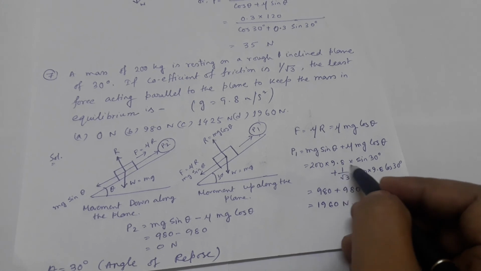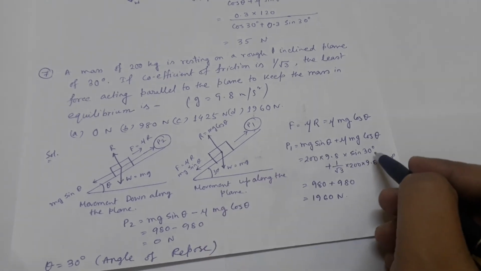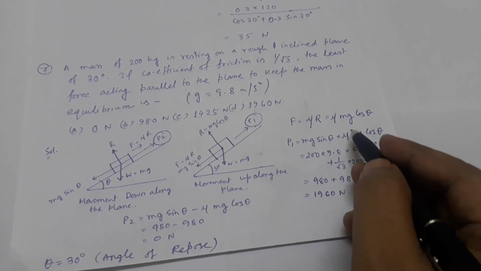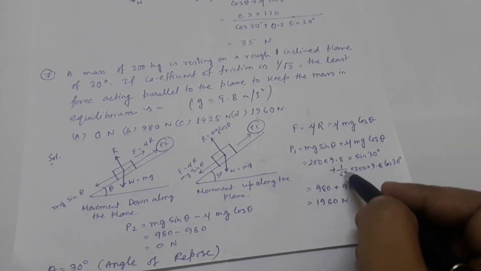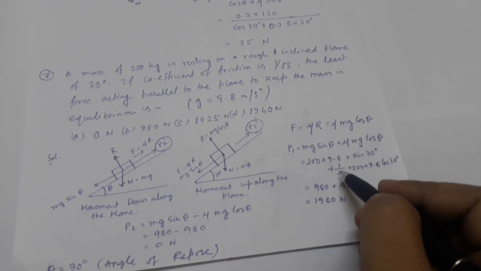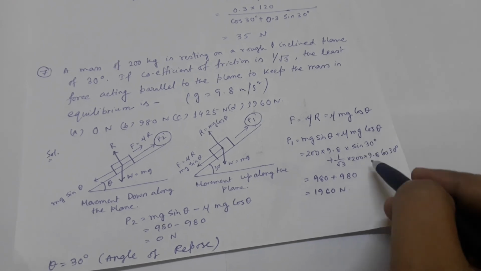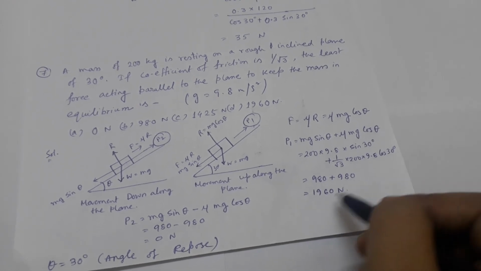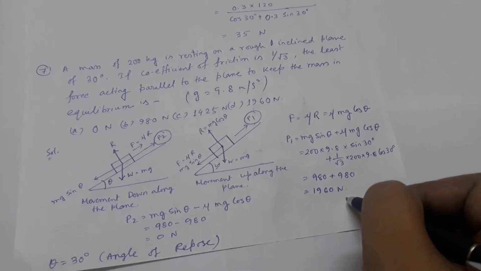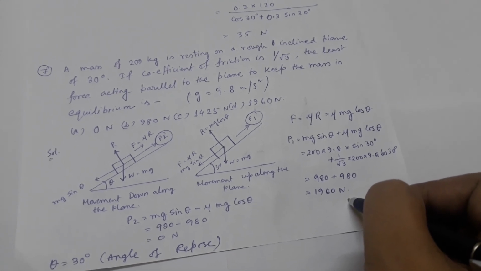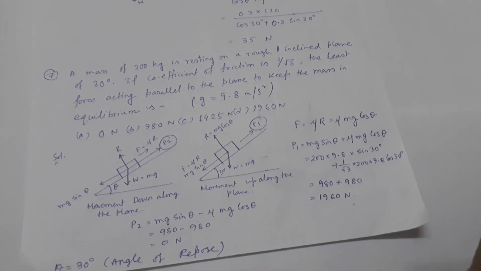So 9.8 into sin 30 degrees, and the value of mu is 1 by root 3, plus 1 by root 3 into mg cos 30, with m is 200 and g is 9.8, and the value is 1960 Newton. But we have to find the least force acting parallel to the plane to keep the mass in equilibrium.